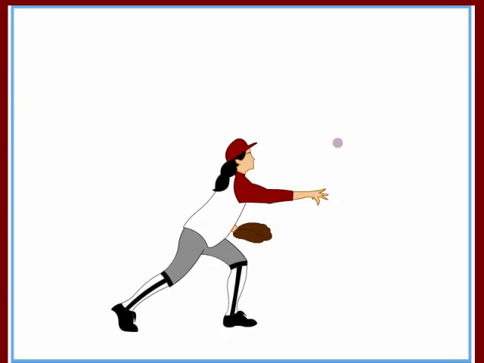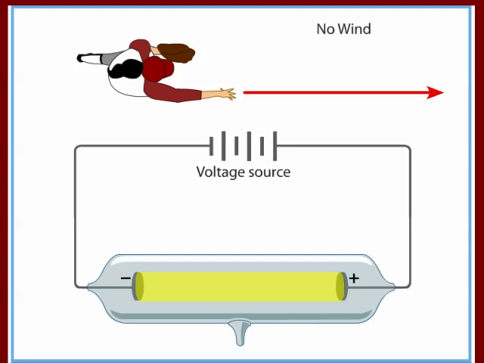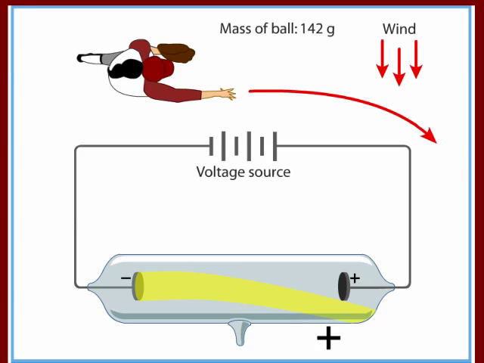Imagine a baseball player throwing a ball. Like the cathode ray, with no outside influences, the ball goes straight when the baseball player throws it. A strong wind, however, could blow the ball and make it go off course. An outside positive field attracts the electrons in the cathode tube and makes them go off course. If the baseball player threw a lightweight plastic ball instead of a regular baseball, the wind's effect would be even more evident.